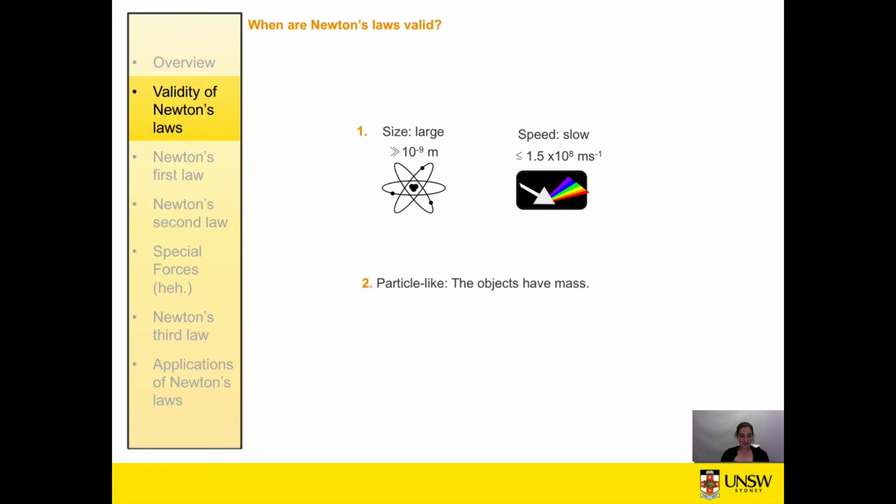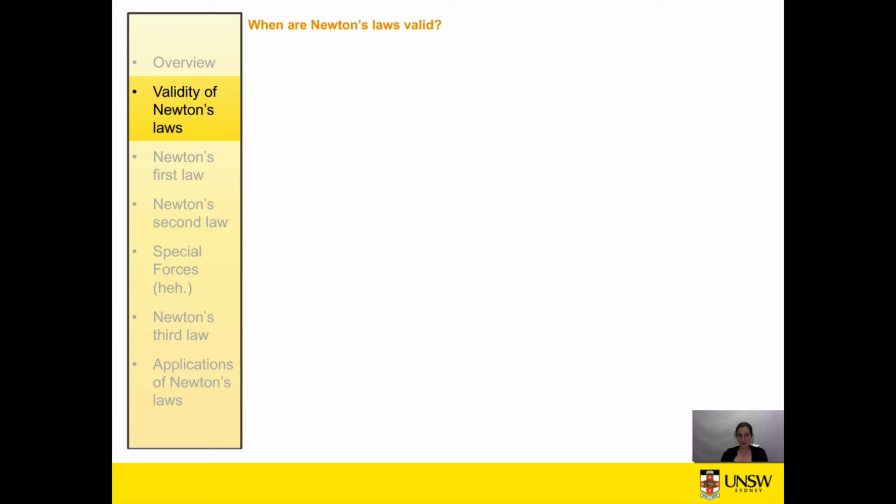The second condition is that the objects must be particle-like. That means they must have mass. And the third and final condition, as the observant of you may have noticed, is that the object must be in an inertial reference frame. So in physics, if you have an observer watching your scene, the reference frame is what's happening to that observer.